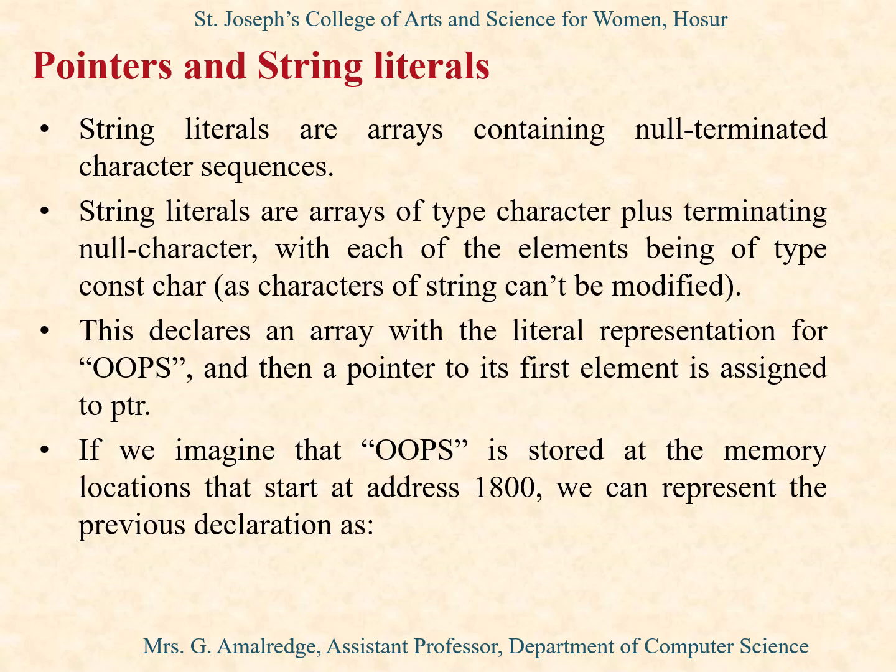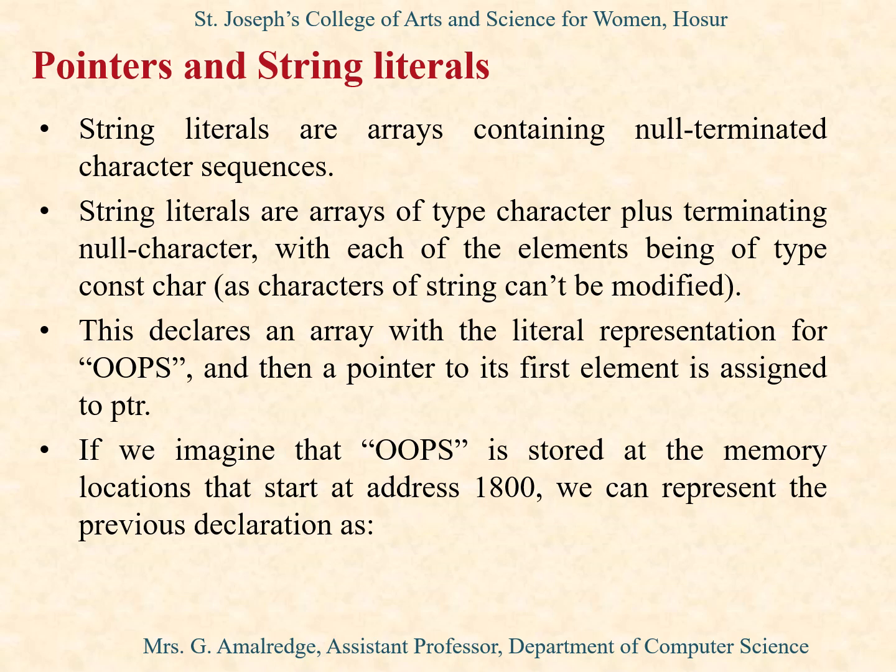Pointers and string literals. String literals are arrays of type character, terminated by a null character. Here is an example which explains how we are using pointers and strings together. In this example, we are using the string "oops" and a pointer to its first element is assigned to ptr.